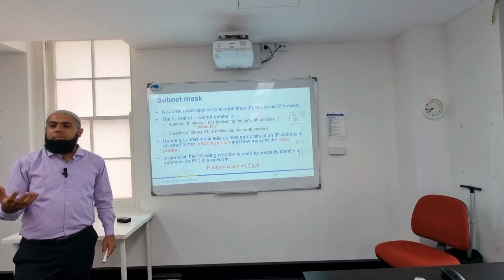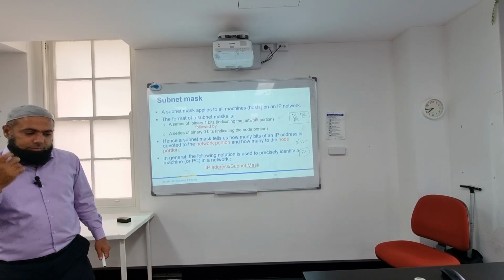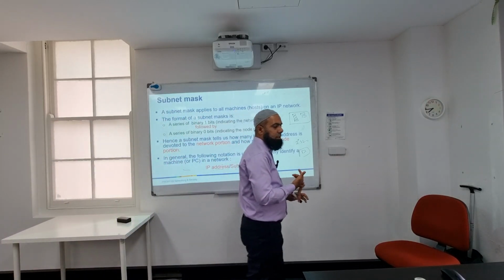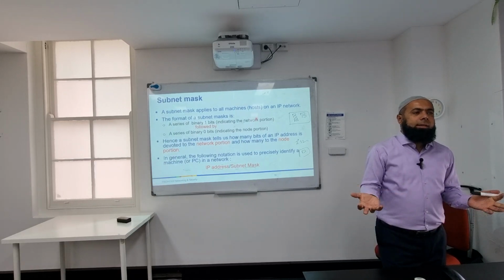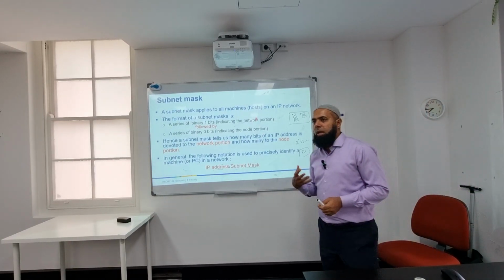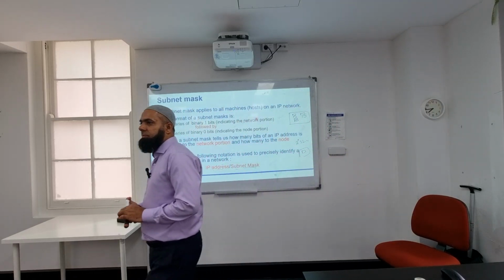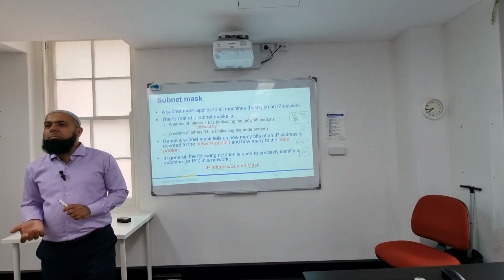It's quite a relative number. What does that mean? For example, in ATMC in one semester we have a class of 100 students, so how many IP addresses do I need?